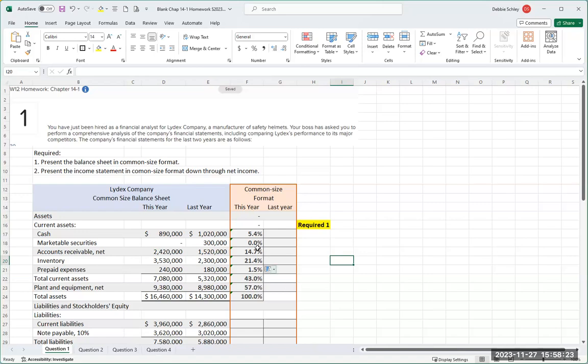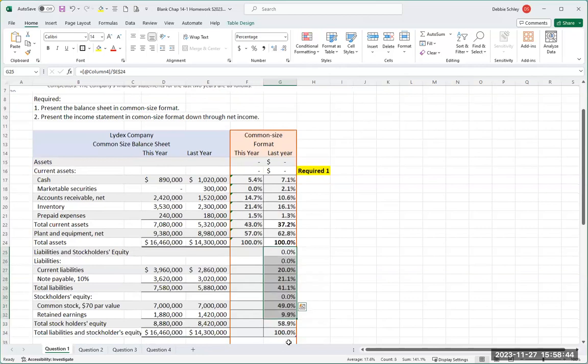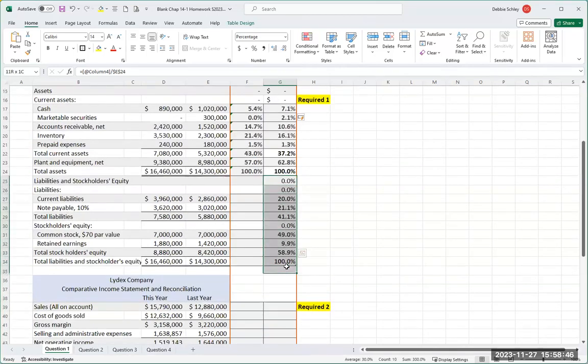Okay, so now I need to do the same thing for last year. So I'm going to do equals last year's cash divided by last year's total assets, and I'm going to anchor that cell so that I can drag the formula. Excel just thinks it knows what I want it to do, but that's not what I want.